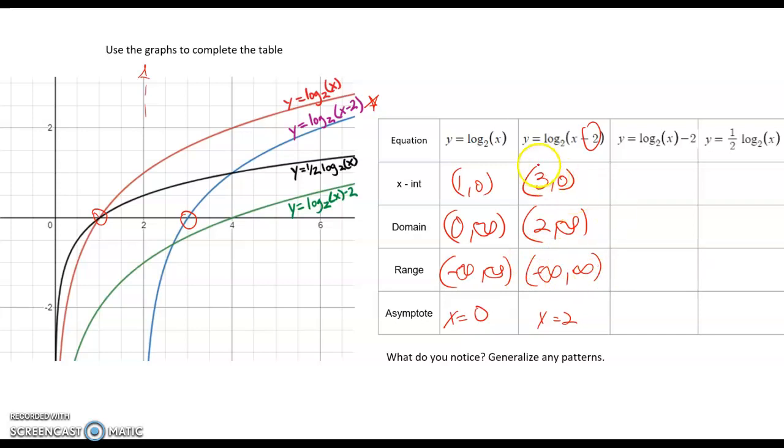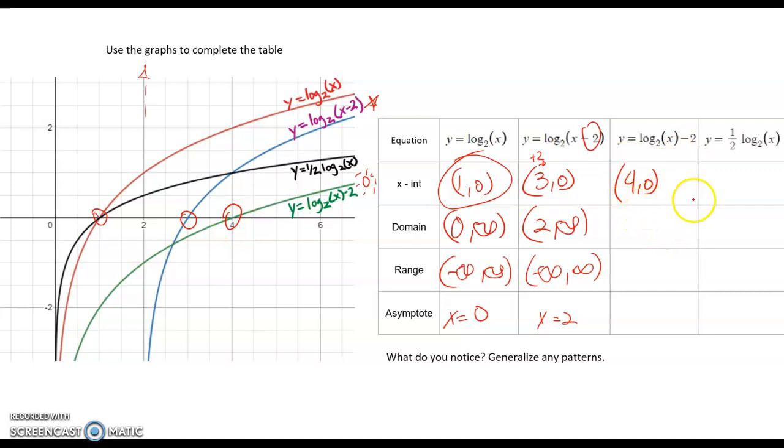So we've seen that this has moved over a little bit. It went up 2 compared to our regular x-intercept, right? This is our normal x-intercept right here. Now let's do log base 2 of x minus 2 right here. I'm going to do this one as a sum, just so that they're a little bit different. We can see that our intercept here is 4, 0.